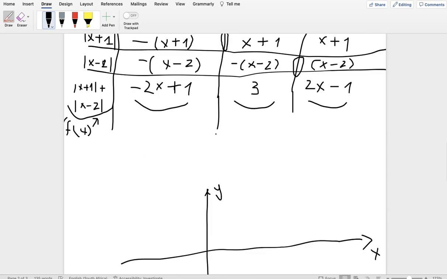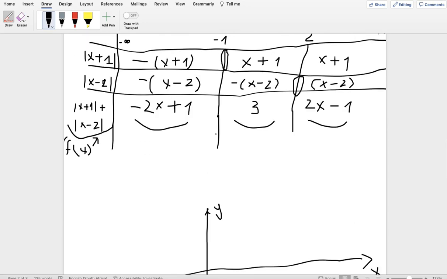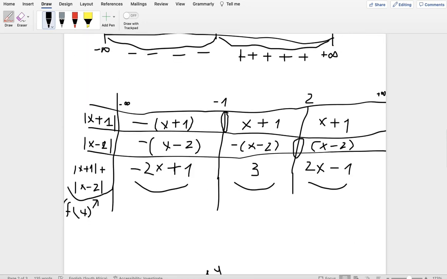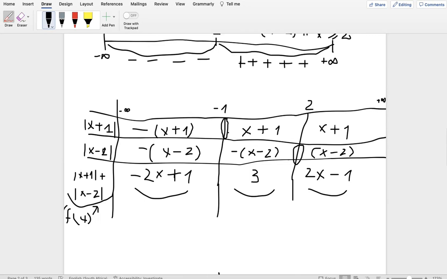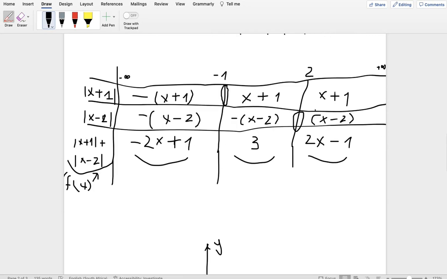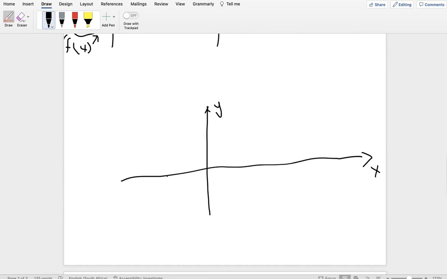We have two significant numbers here, -1 and 2. So let's put them. We have -1 here, this distance 1, 2, and then 2 here, and remember this is the origin 0.